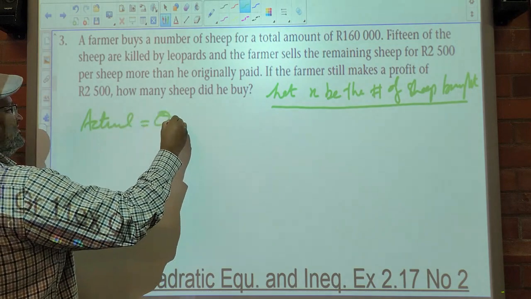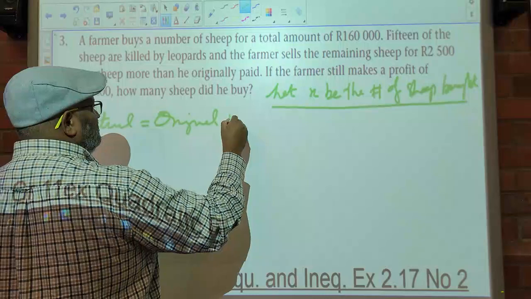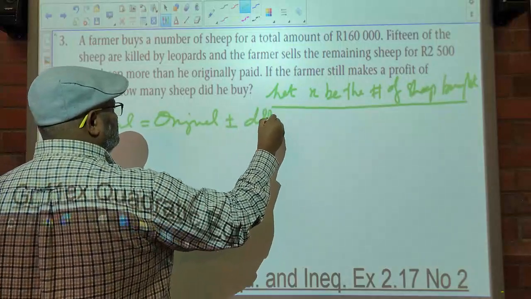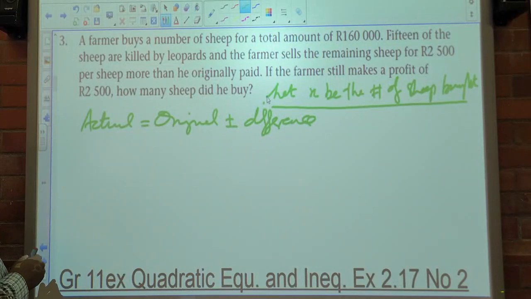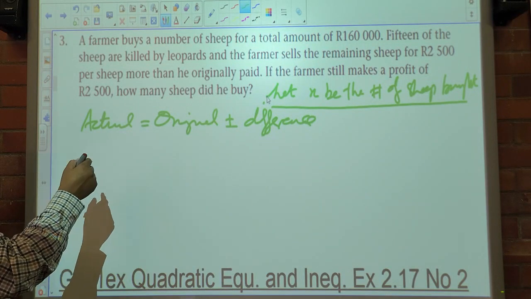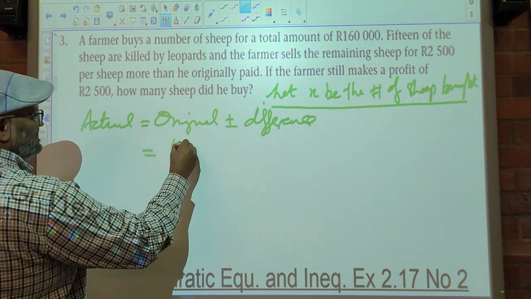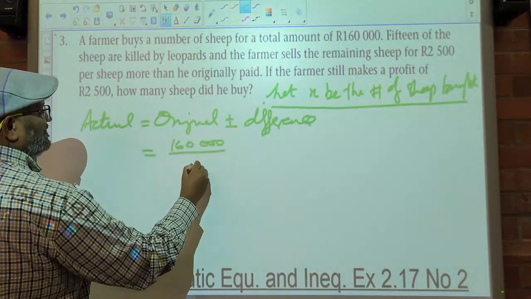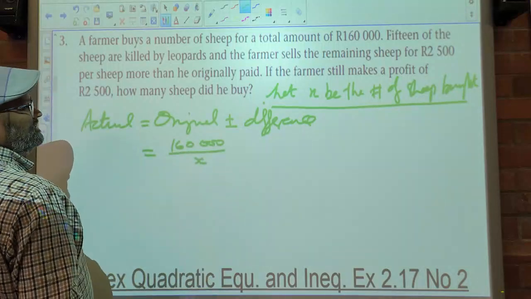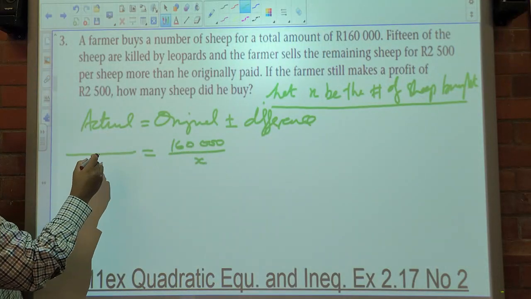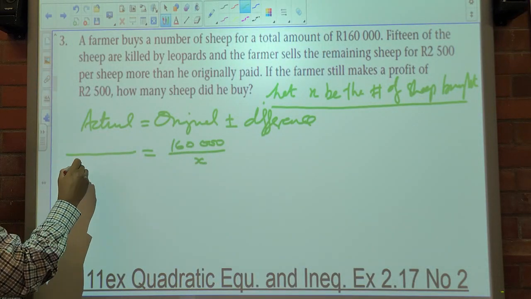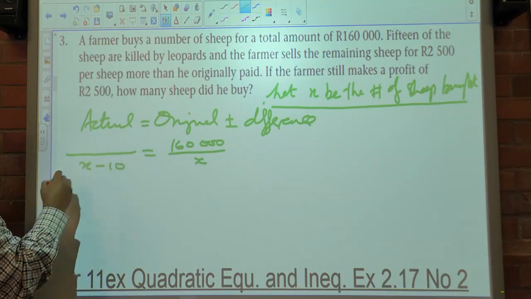Actual equals original plus minus the difference. So originally how many sheep was bought? X. So it's 160,000 rand over X. What did he actually sell? How many did he actually sell? X minus 10. You must have 10 less.